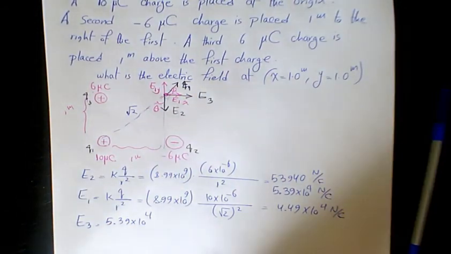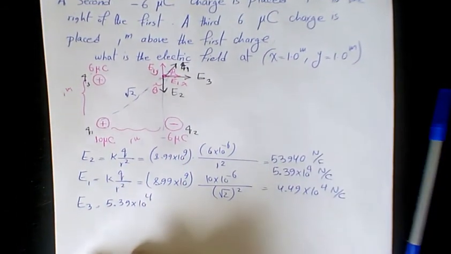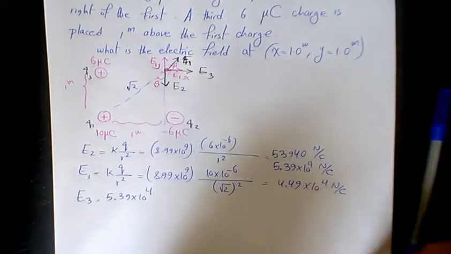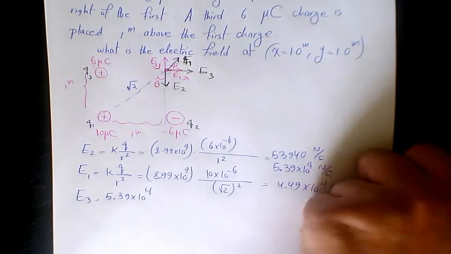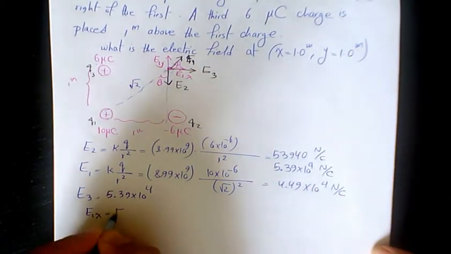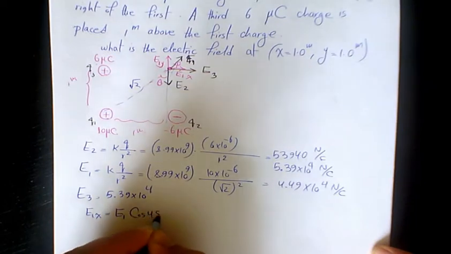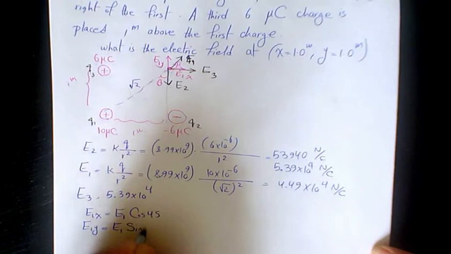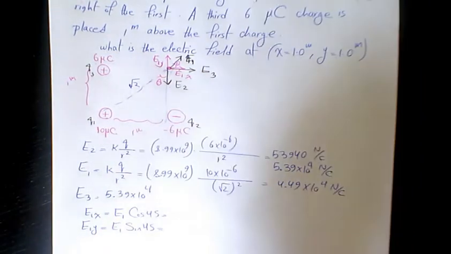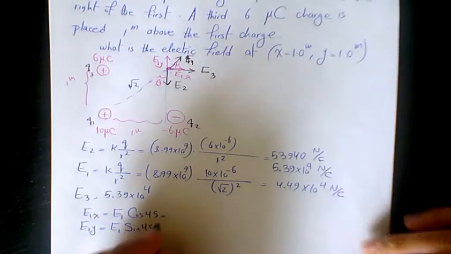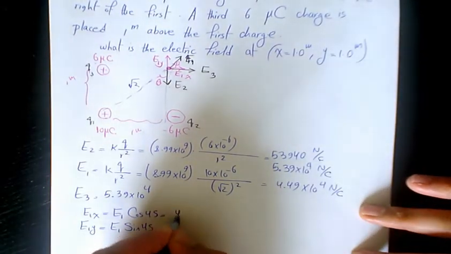So tan theta is 1, and theta is 45 because tan 45 is 1. So E1x equals E1 times cosine 45, and E1y is going to be E1 times sine 45. And we know cosine 45 and sine 45 are the same.